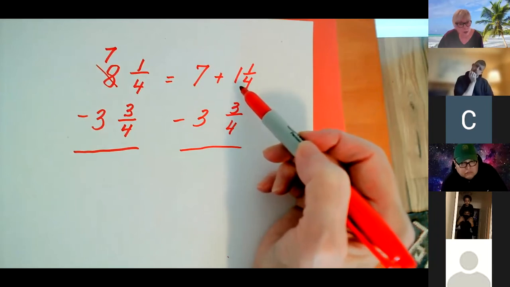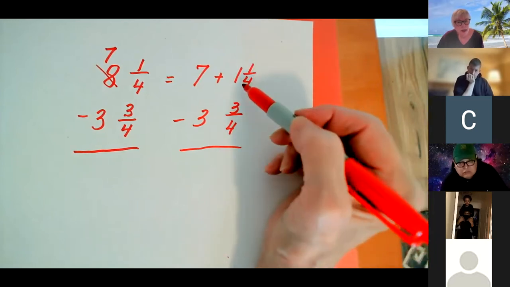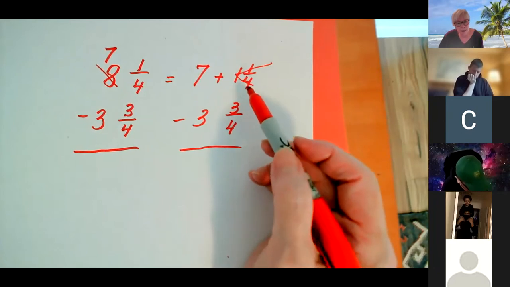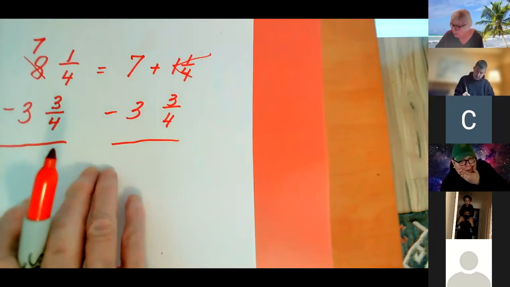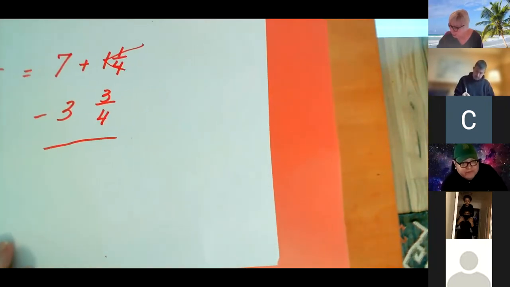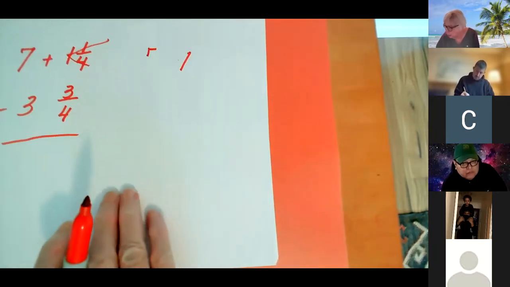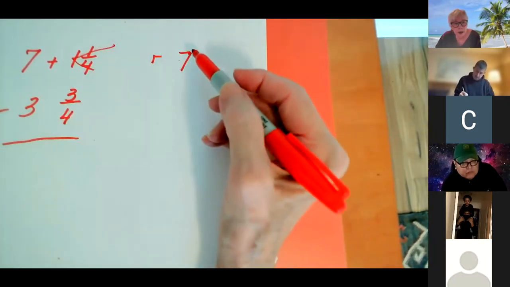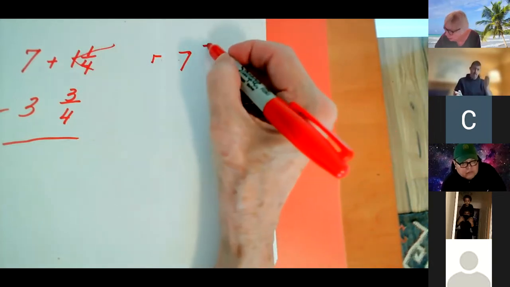Okay, so I haven't thrown any money away here. But at this point in time, this was the cuteness of it. Remember how you would make that a mixed number? 4 times 1 is 4 and 1 is 5. So what this actually became, and this is the extra step, 7 and 4 and 1 is 5. 4 times 1 is 4 and 1 is 5. That would be that.